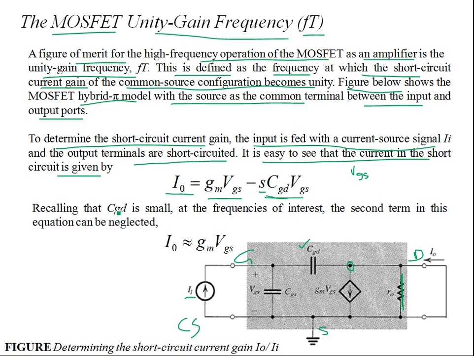Recalling that CGD is small at the frequencies of interest, the second term in this equation can be neglected. Therefore, an approximation is that the output current is about gm VGS. This is the output current as an approximation when your CGD is small. So you can assume that this is a small term and ignore the second term.